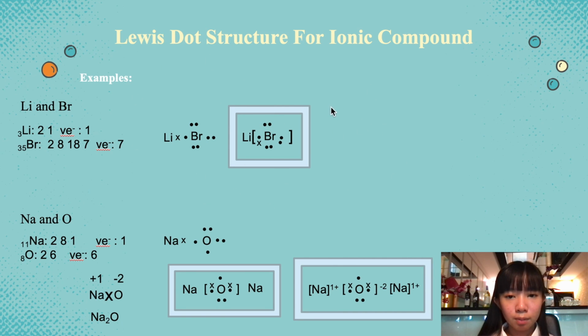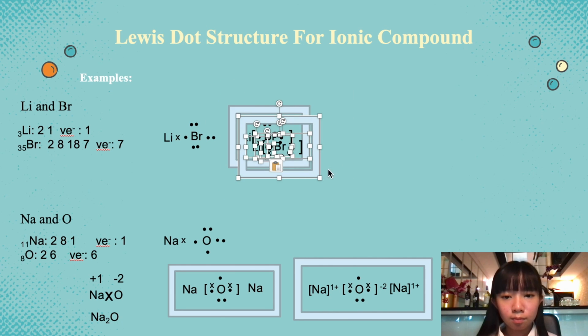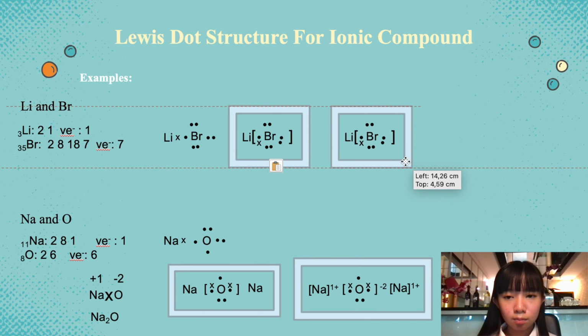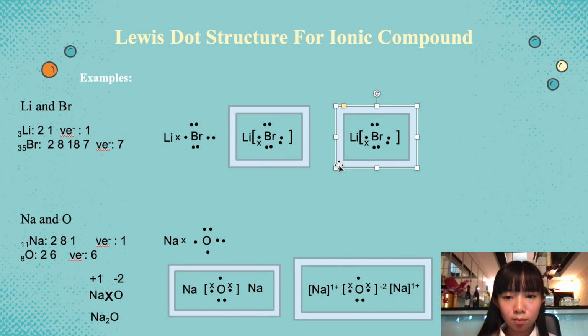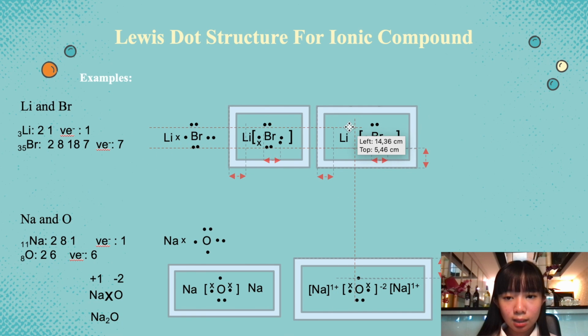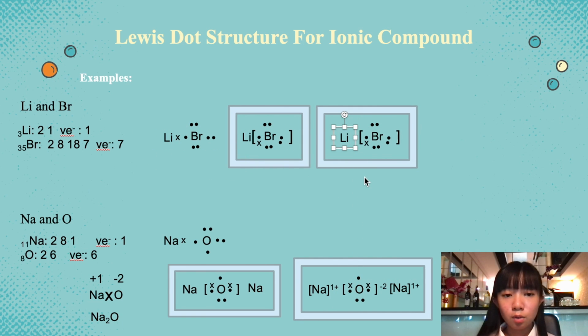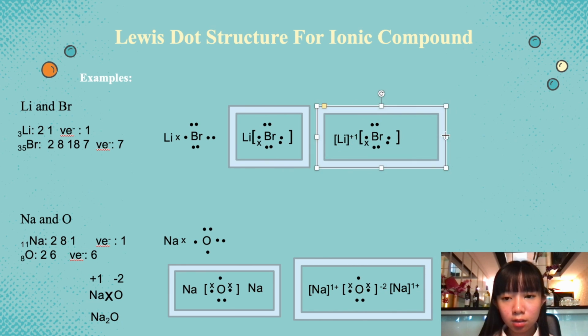Next, for lithium and bromine, since lithium is giving away 1 of its electrons, this means that lithium is plus 1, while bromine is negative 1 because it will be receiving 1 electron from lithium.